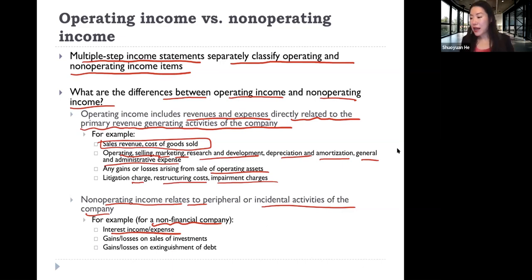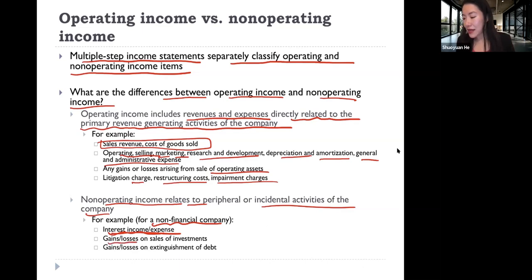If I have a $1 million deposit in my bank, generating interest income for me, is that income related to my core business? My core business is not making money just by putting money in the bank. So usually interest income and expense for a non-financial firm are non-operating income and expense.